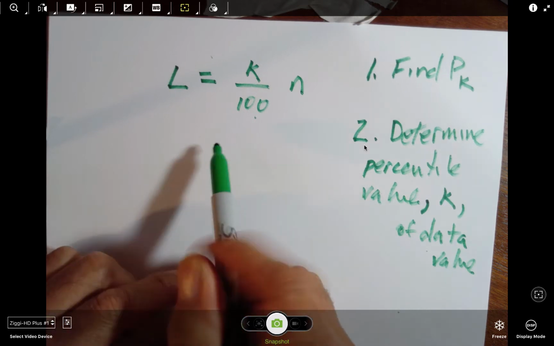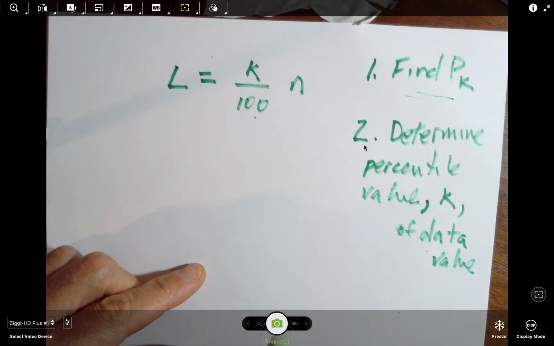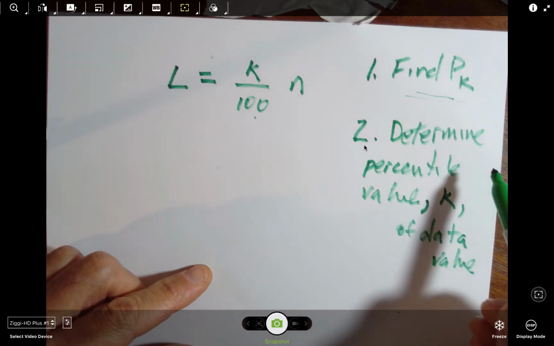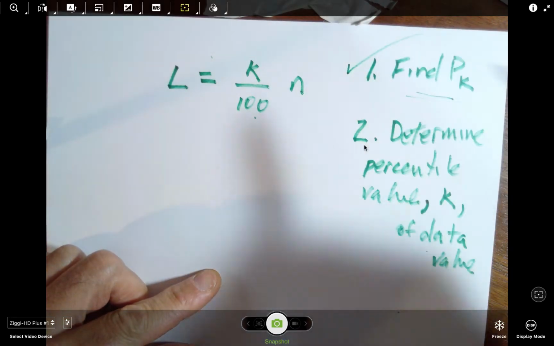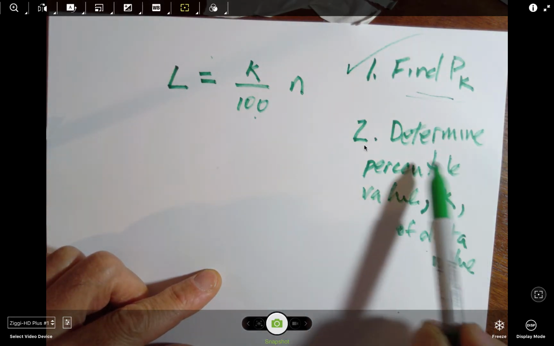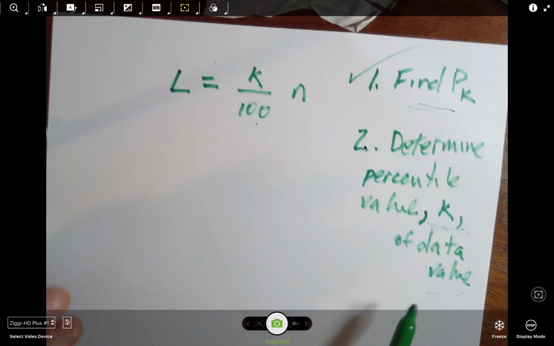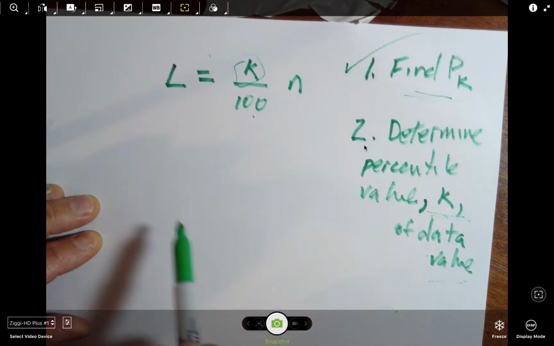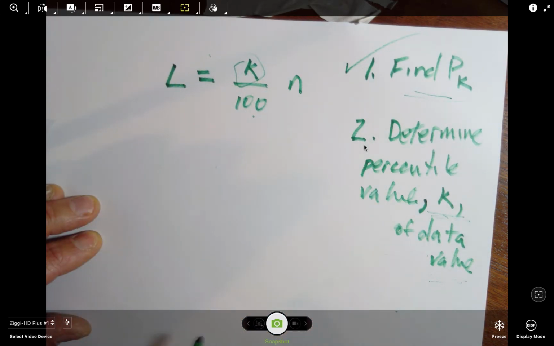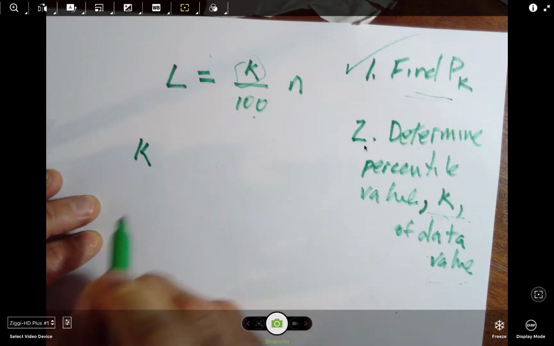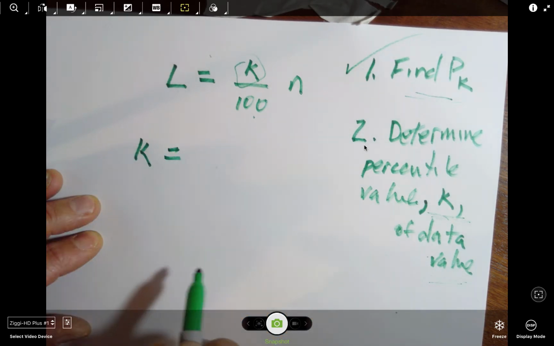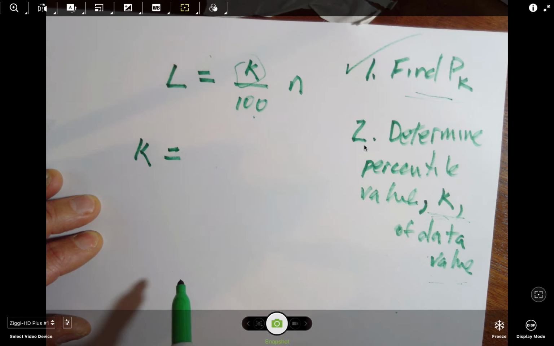So we've used our formula to find P sub k, the kth percentile. That's one type of problem that we can do. The other type of problem is where we want to determine the percentile value of a given data value. So we want to find k. If we're given the data value, then we rearrange this formula as follows, solving for k.